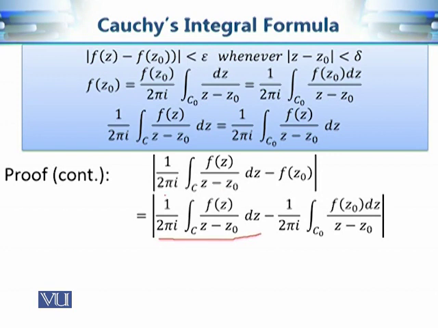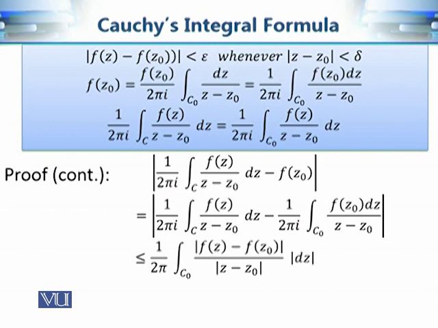Okay, moving on, this contour integral remains the same, and f of z naught, as we have observed, is equal to 1 over 2 pi i times the integral of f of z naught over z minus z naught dz. Now, using results from contour integrals, if we take this mod sign inside the contour, there will be this less than or equal to sign.